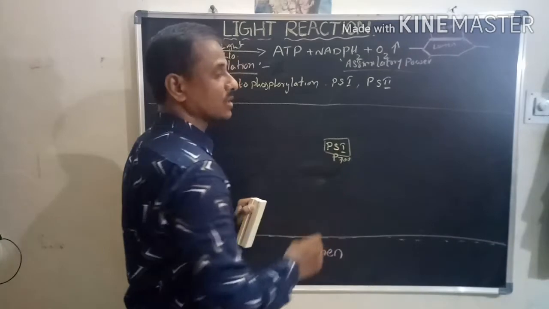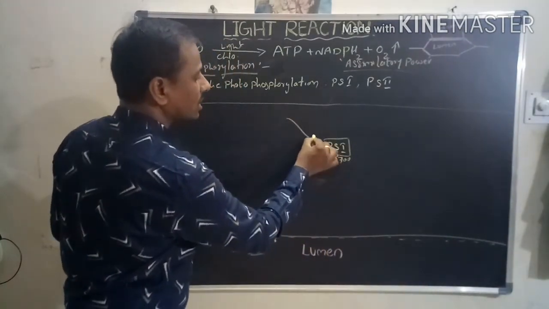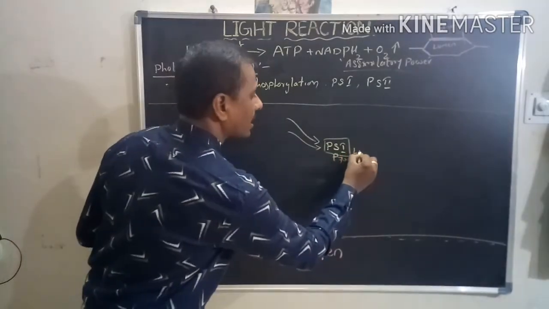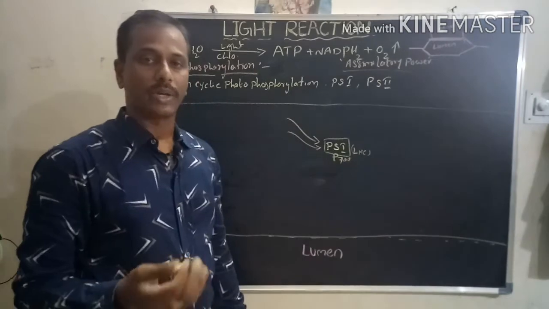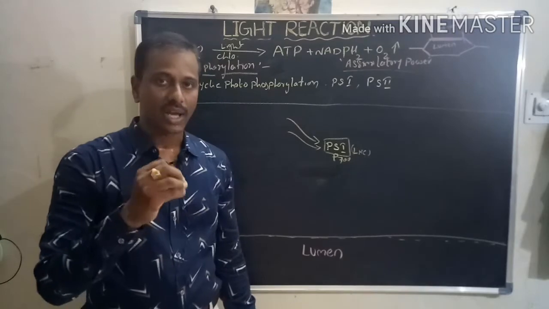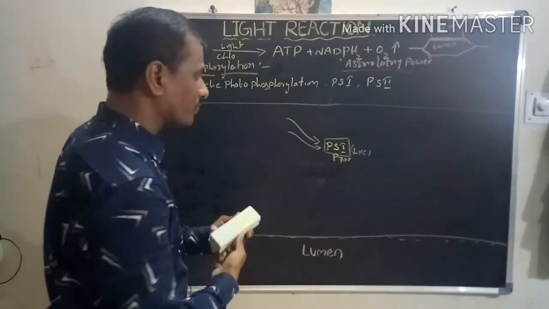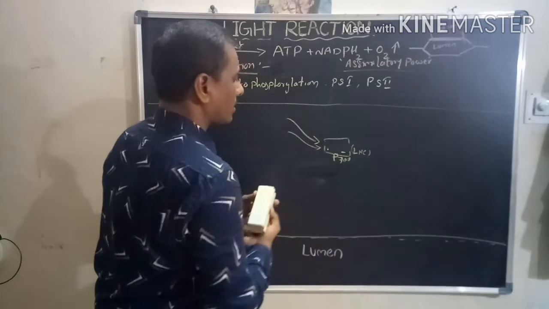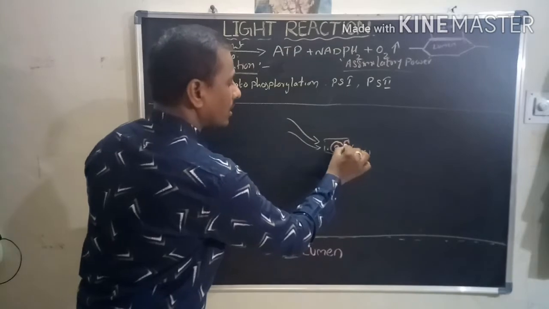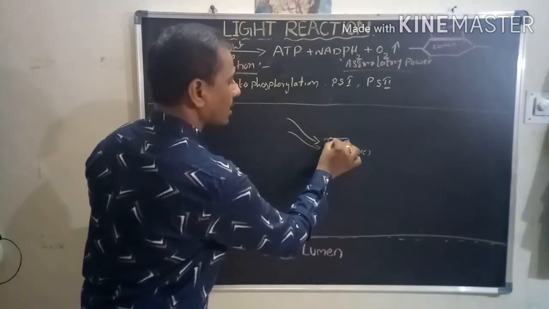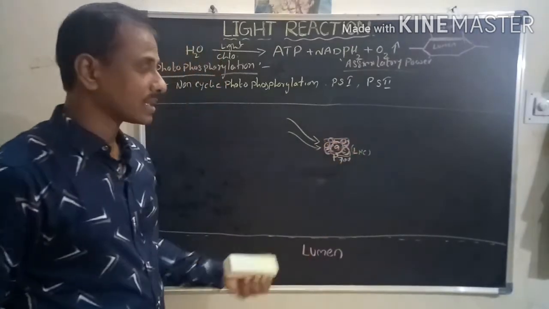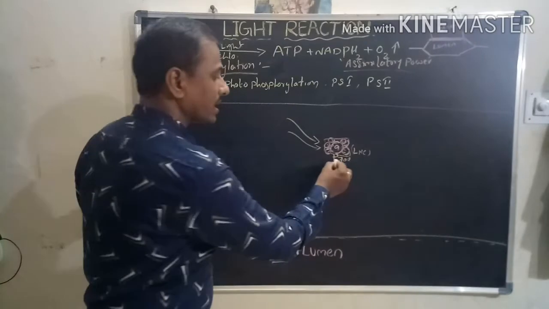When the light energy is received by the LHC, which consists of pigments, chlorophylls and carotenoids, the reaction center must be chlorophyll A. Remaining pigments are associated pigments; they receive the light and transport it to pigment system 1, that means PS1.